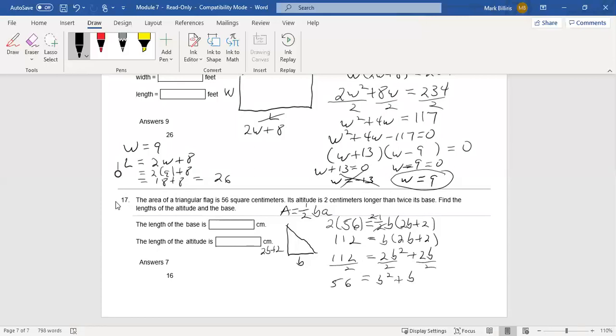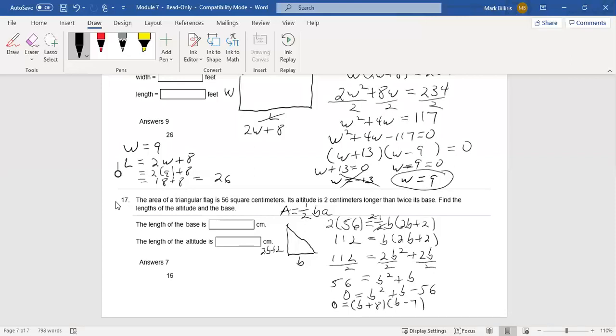So I'm going to move the 56 from the right-hand side to the left-hand side by taking its opposite. And now I'm going to factor. So the factors of negative 56 that add to a 1 would be a positive 8 and a negative 7.